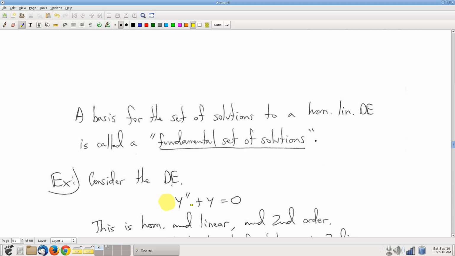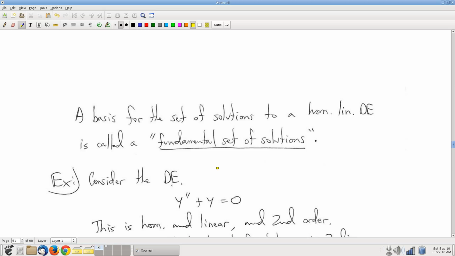The lead coefficient function is never 0, because it's always 1. And, of course, the right-hand side, being the 0 function, is also continuous. So all of our conditions are satisfied, and we know from the previous theorem, then, that, again, we're not just looking for some solutions. We are looking for a vector subspace of C2.